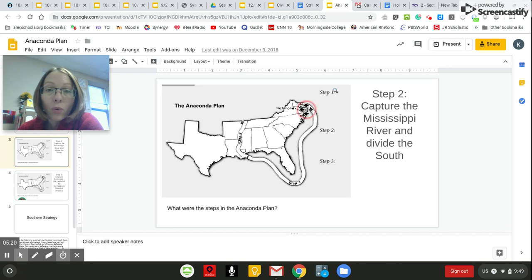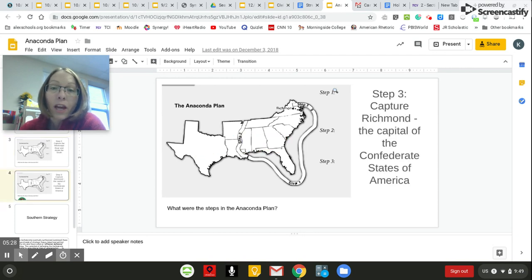Step two, this part of the snake, was to capture and divide the South into two parts along the Mississippi River. And then step three was to capture Richmond, Virginia, the capital of the Confederate States. Capture a capital, and many times it demoralizes people and causes them to want to stop fighting. And so that would be step three.